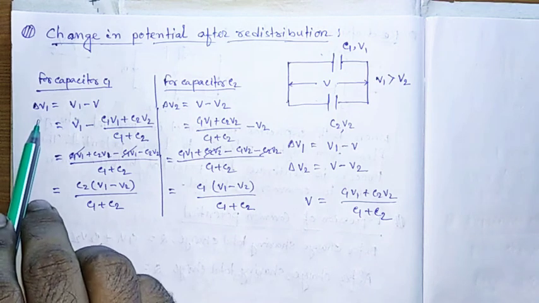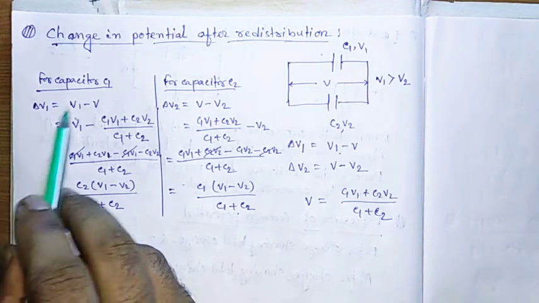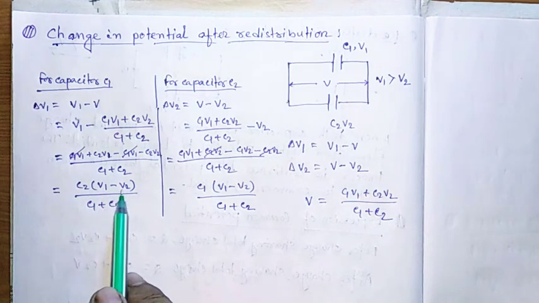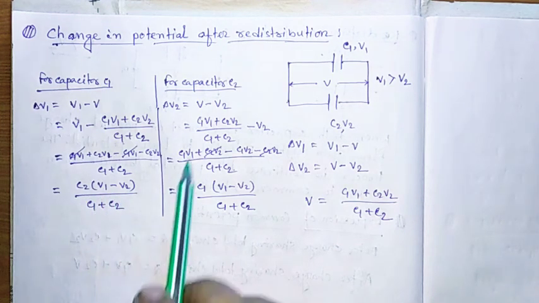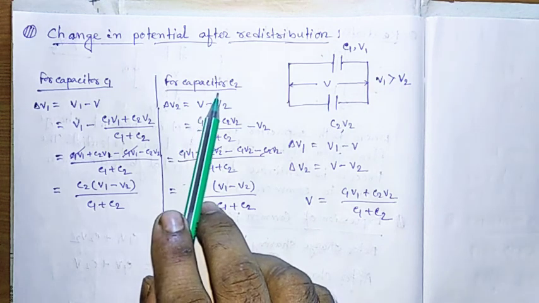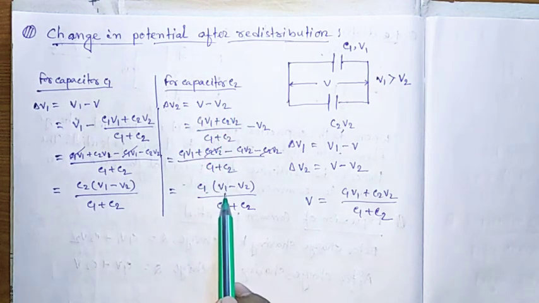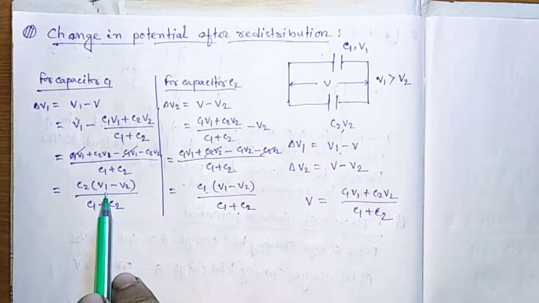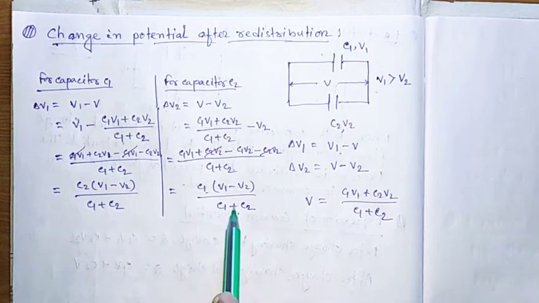So the change in potential for capacitor C1 is C2 into (V1 minus V2) by (C1 plus C2), and the change in potential for capacitor C2 is C1 into (V1 minus V2) by (C1 plus C2). Here (V1 minus V2) by (C1 plus C2) is common for both cases.